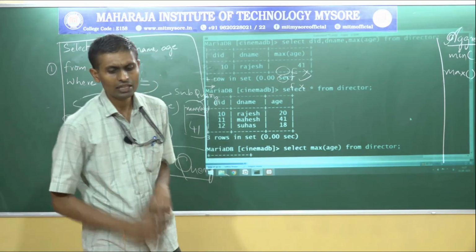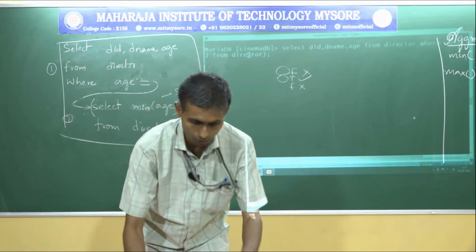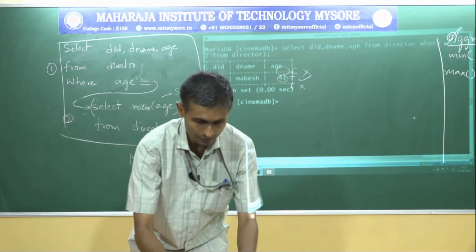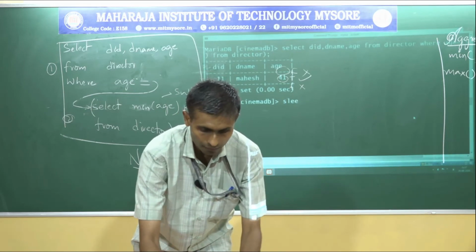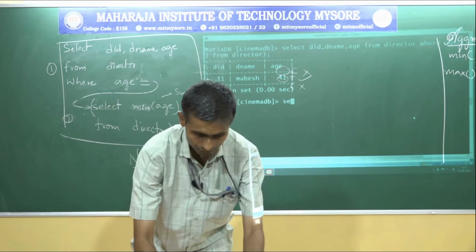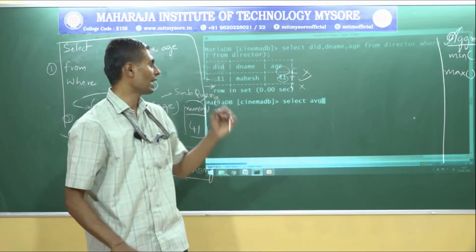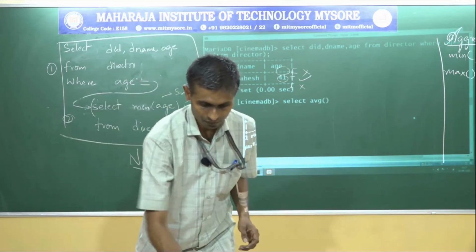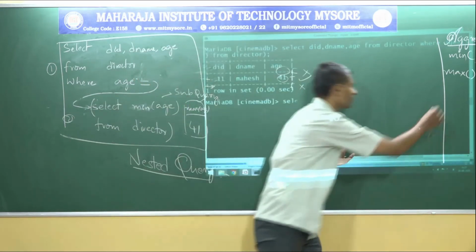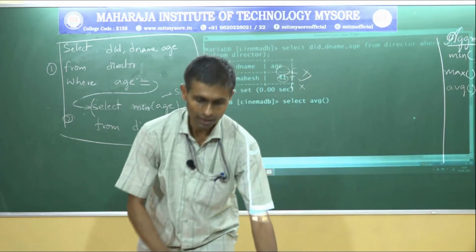Instead of doing all such things, MySQL gives us one beautiful method, an aggregate function that we call AVG. AVG represents average, and we call it the average aggregate function.